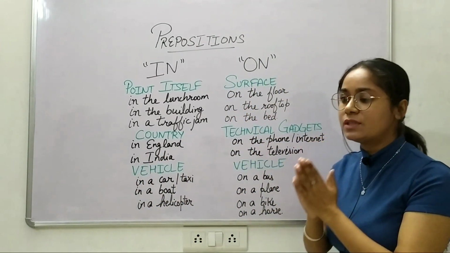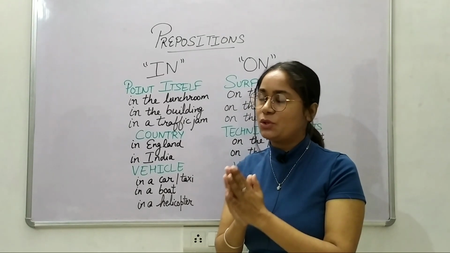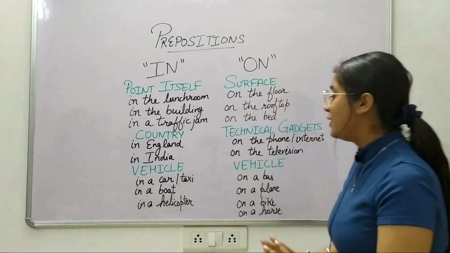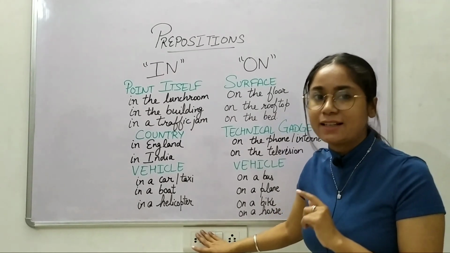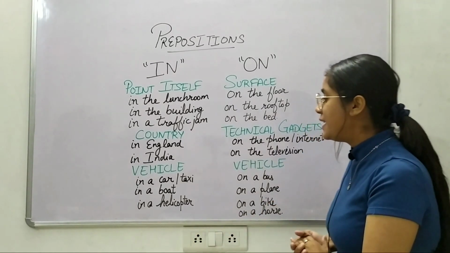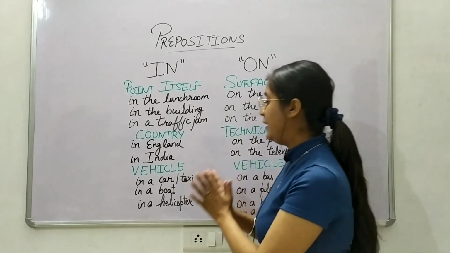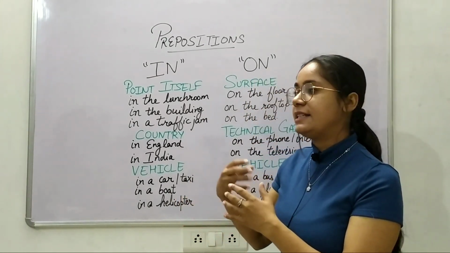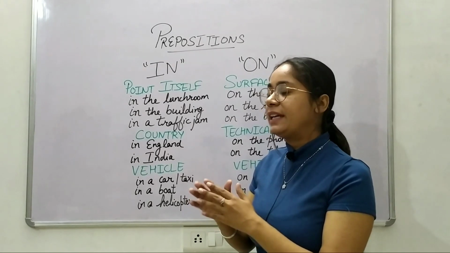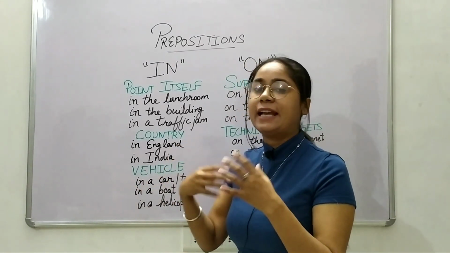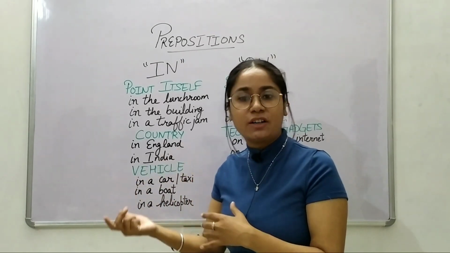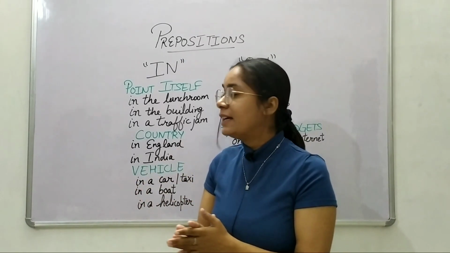Then is the most important and most confusing thing regarding vehicles. Okay, vehicles. So we use in regarding a vehicle if we cannot move freely or walk freely inside it.